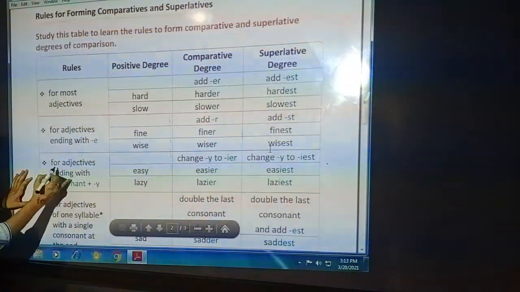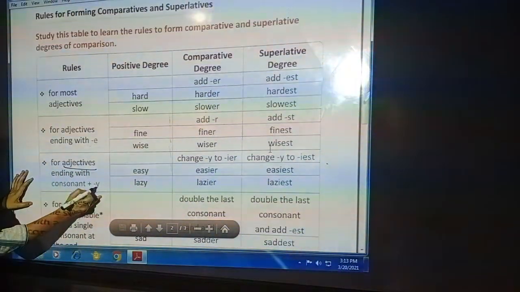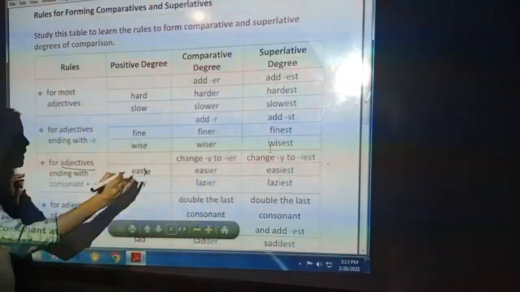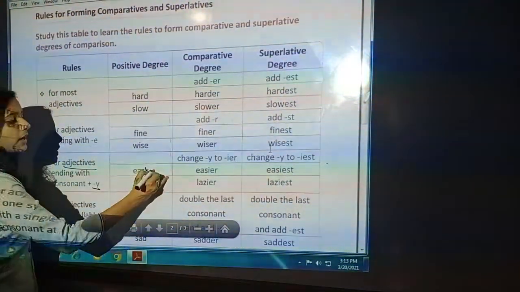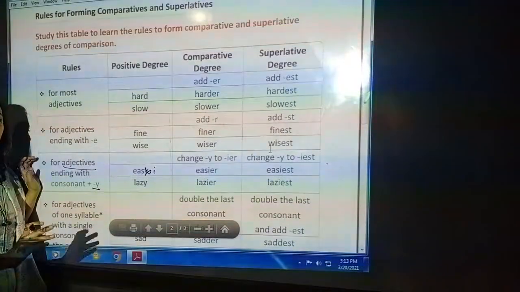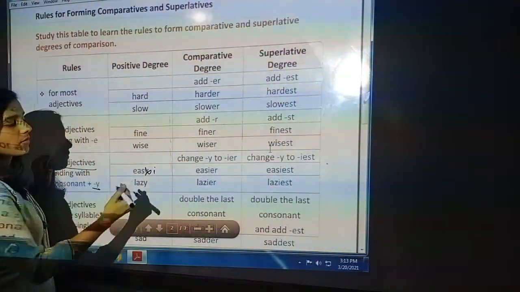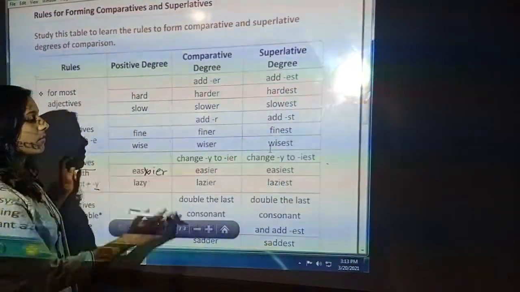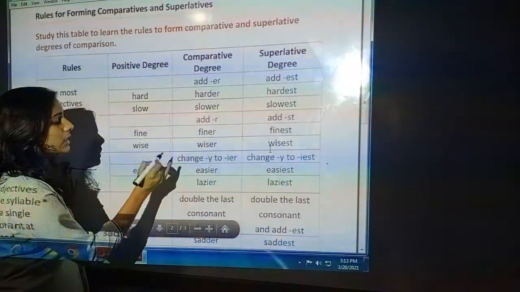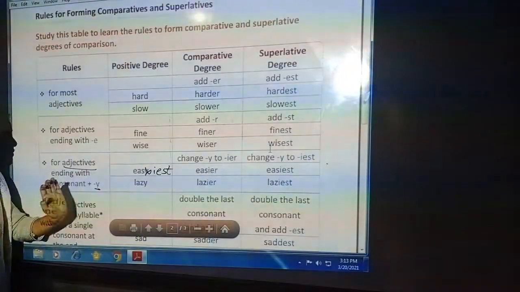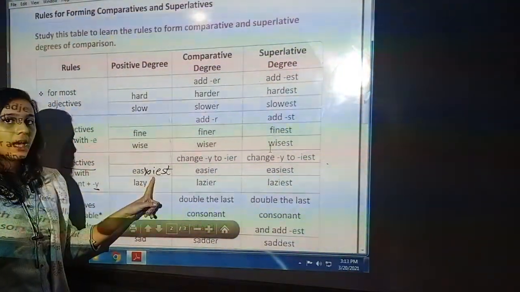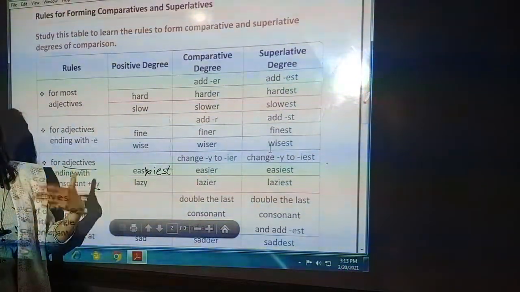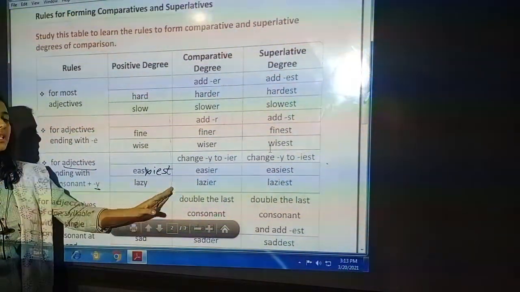If the adjective is ending with Y, we will remove Y, instead of that we will add I, and then to convert it into comparative degree we will add ER, and to convert it into superlative degree we will add EST. Clear? If Y is given, replace it with I, and then add ER for comparative degree and EST for superlative degree.